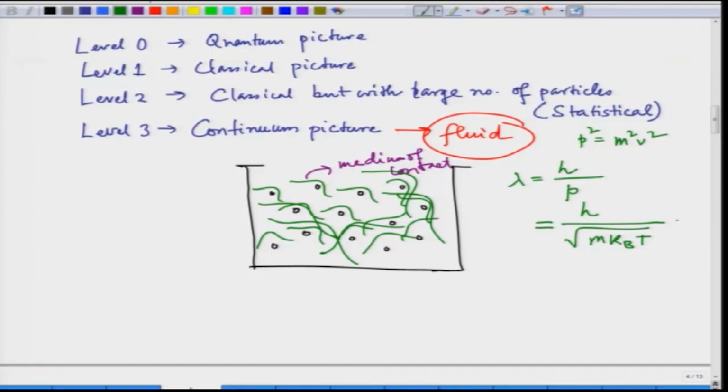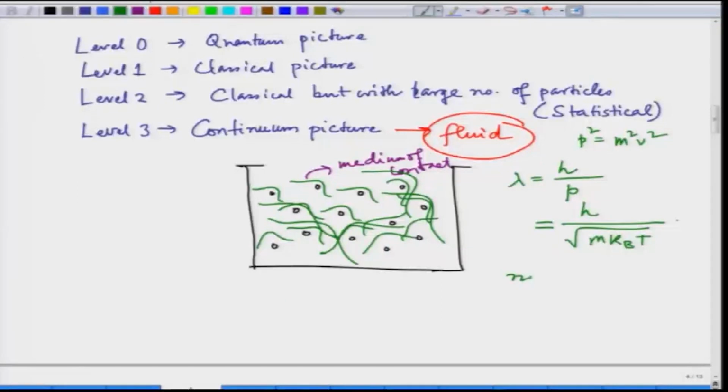So, this is the case when we say that the de Broglie wavelength is greater than the mean interparticle distance. Now, how do we measure the mean interparticle distance in such a system? Let us consider n as the number density of the particles.